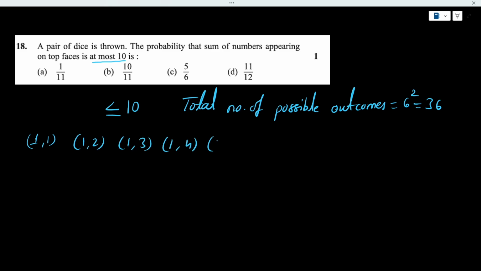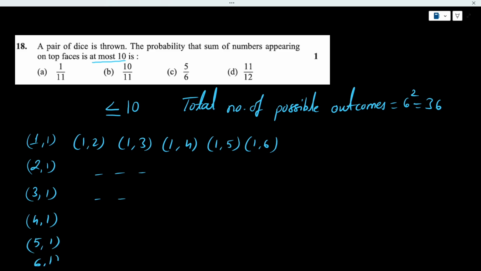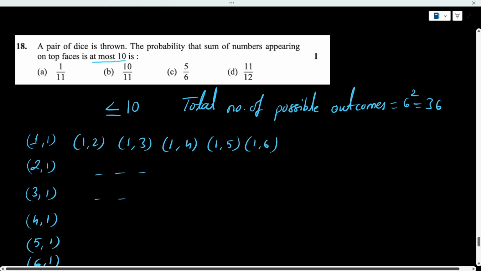I'm just writing so that you will be able to recall. You don't need to write all these in the exam. Then you'll have 2 comma 1, then 3 comma 1, then 4 comma 1. In this way you get 36 outcomes, right? Now the minimum sum is 2, and the maximum sum is 6 comma 6, which is 12. So 2, 3, 4, 5, you get till 12.